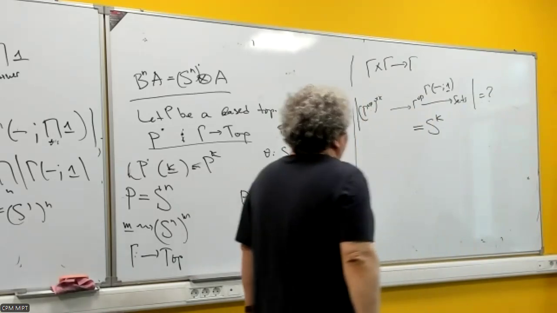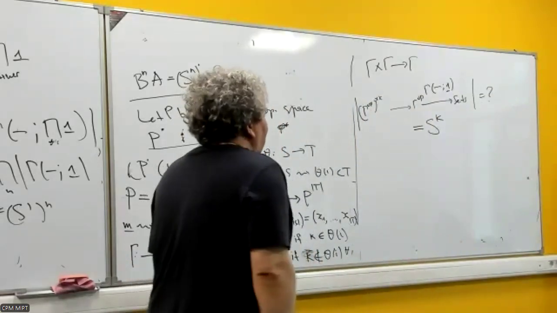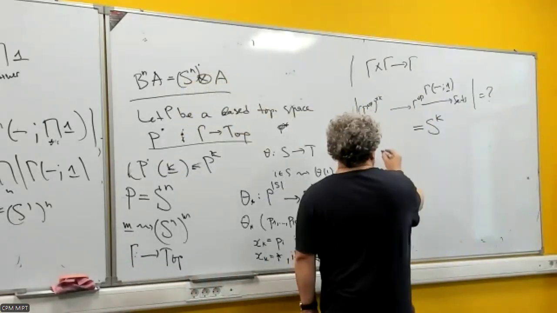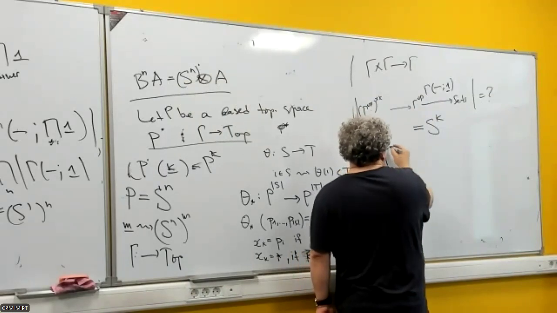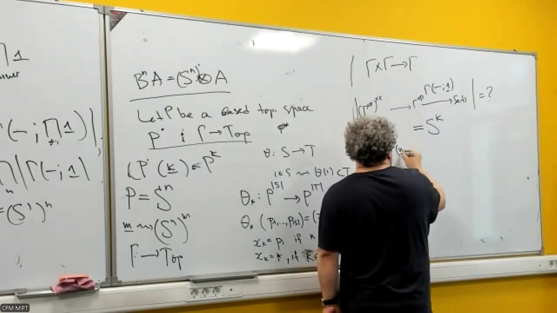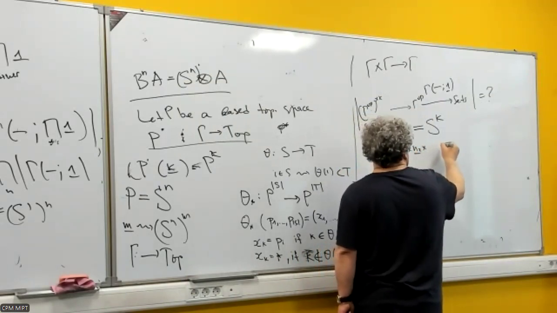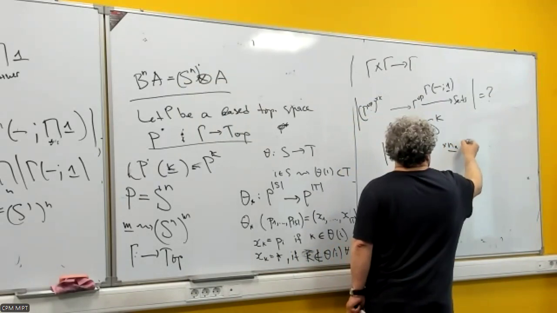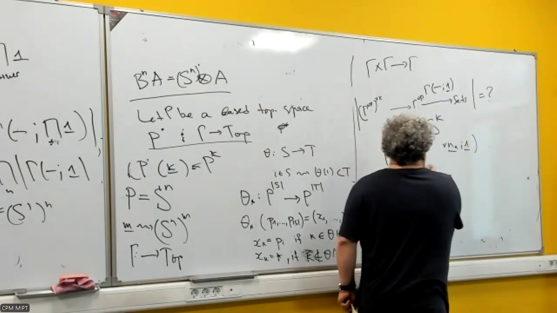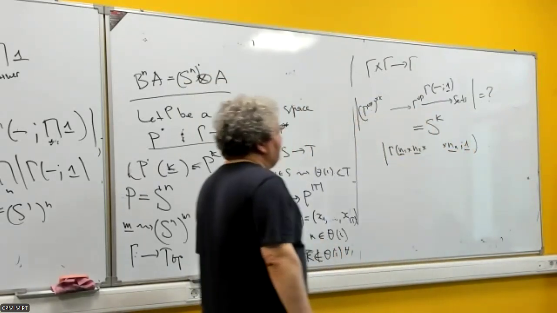We can prove it quite similarly. What we need to do is take gamma of n1 times n2 times and so on times nk to 1, as a poly-simplicial set.